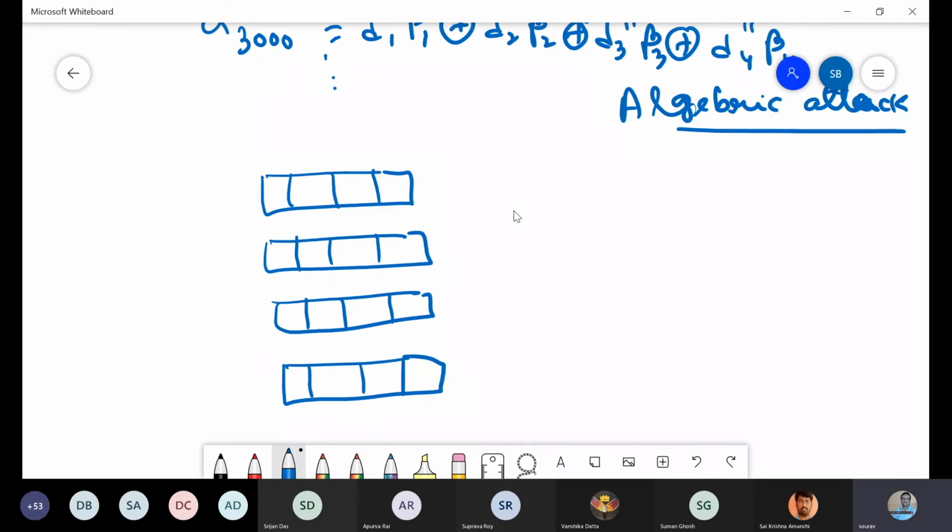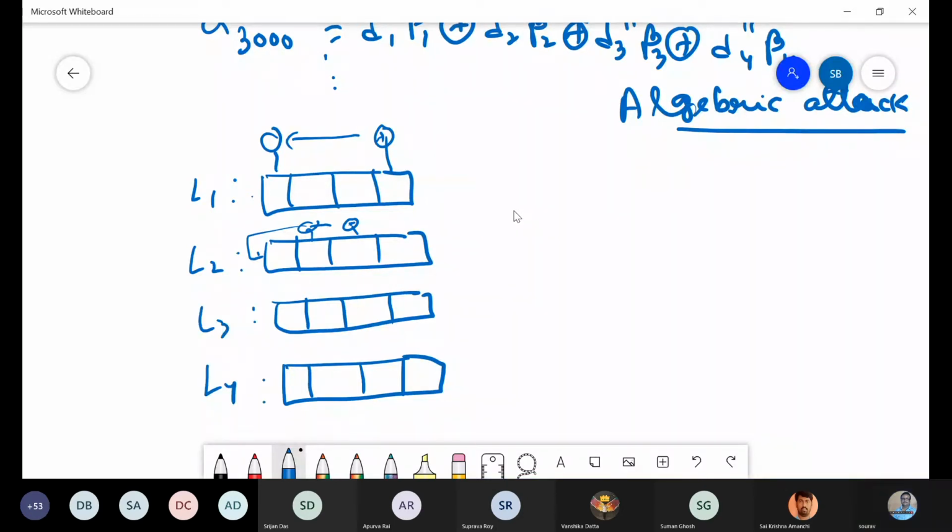Each has some connection, maybe this connection, maybe a different one. Anyway, somehow we have 4 different LFSRs: this is L1, L2, L3, L4.